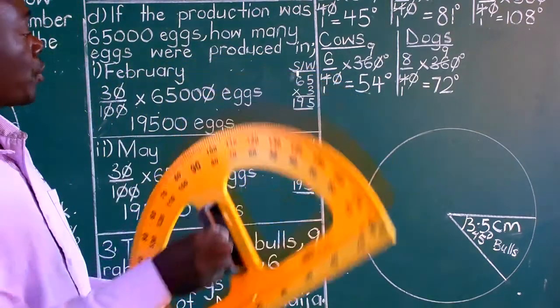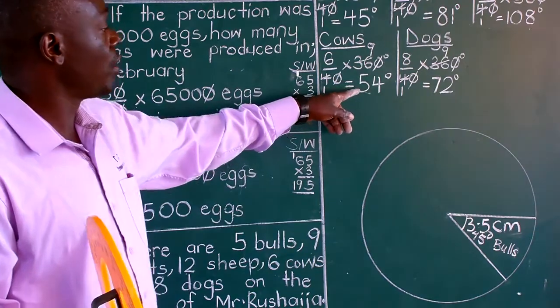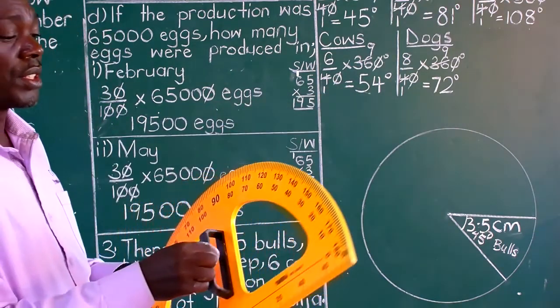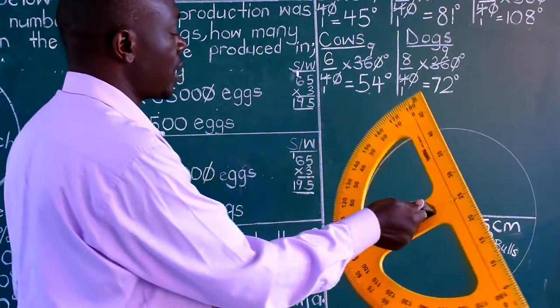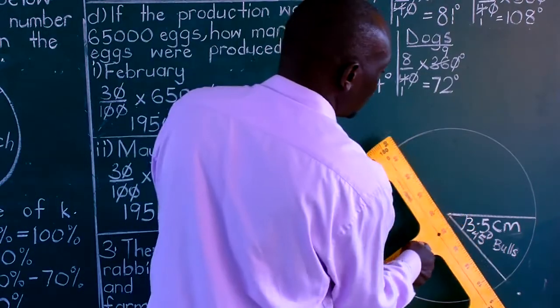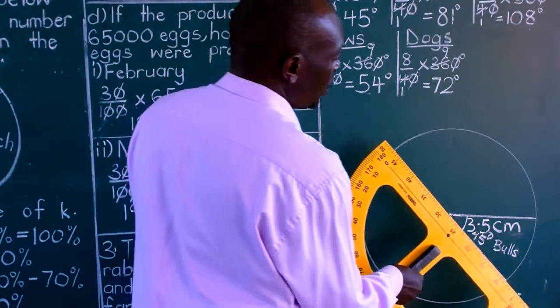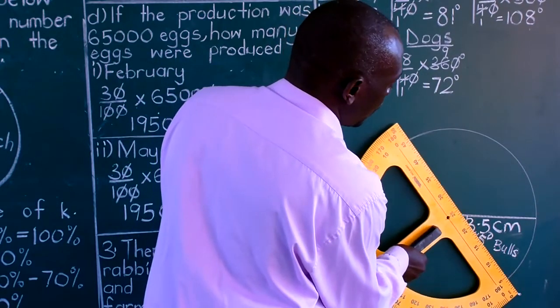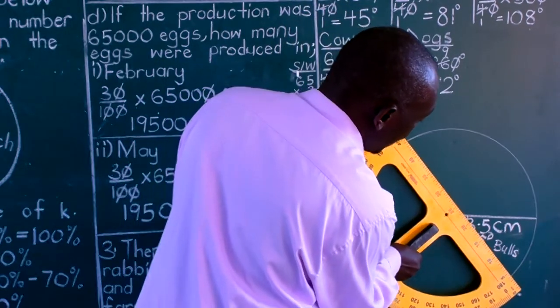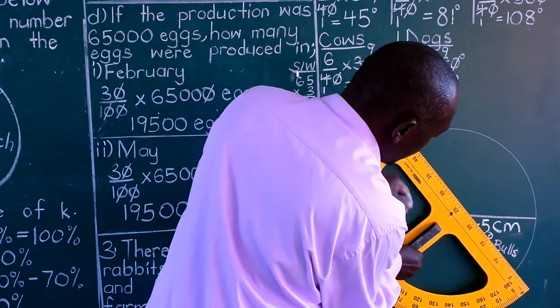Get back our protractor. Go to the next angle now, 54 degrees. So, place the protractor in this style. This is the new radius. That is the base on which you are going to start from to measure the said angle, 54 degrees.